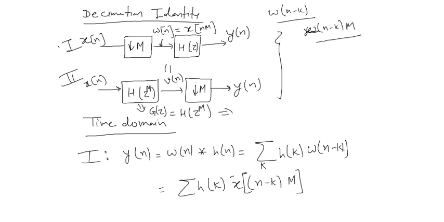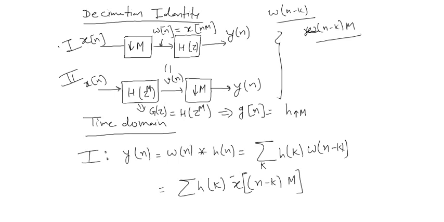If I compute it, z of n in time domain will be, what is happening actually? Z to the power m. That means here we can say that in time domain you are interpolating it by a factor of m.